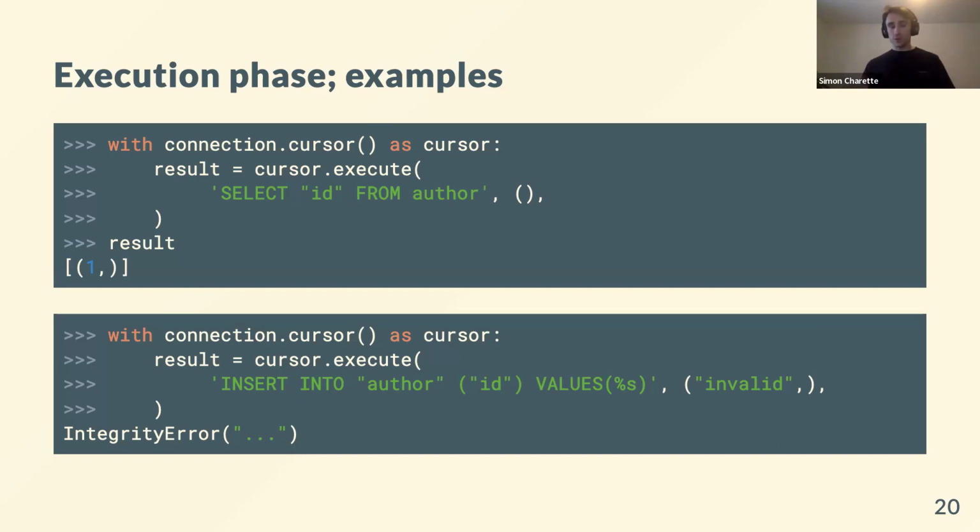And what the backend will return is, again, either an exception, or a list of tuples, so a list of all the rows that match your select statement, or if you use something like insert and returning, you're going to get a result. If you use update, it's going to be the number of rows that were updated, and so on. But ultimately, you're going to get a list of tuples.